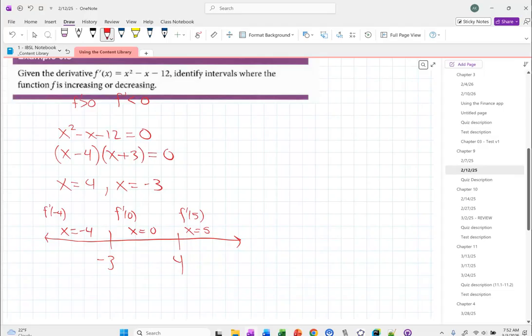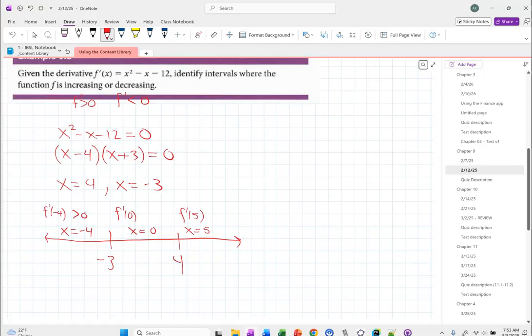If I plug -4 in for x, I get -4 minus 4, which is negative. And then -4 plus 3, which is negative. A negative times a negative is positive. Do I care what the number actually is? No, man. All I care about is the positive or negativeness.